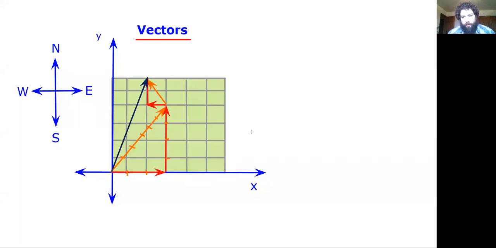So that's our final vector. Hopefully this helps you understand how vectors work. You can always think about walking along one axis one way and walking along the other axis the other way, and this helps a lot. I'll go through the addition of vectors next.